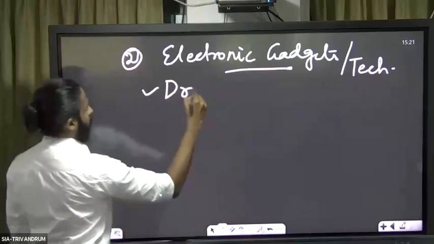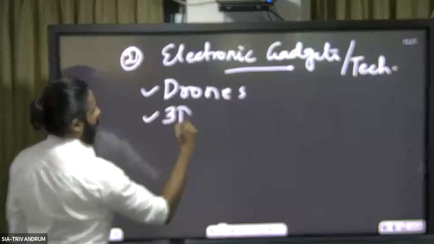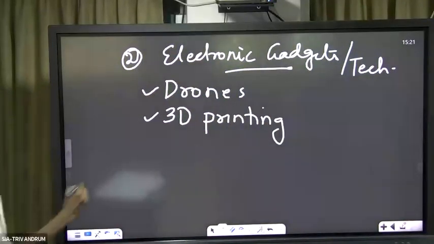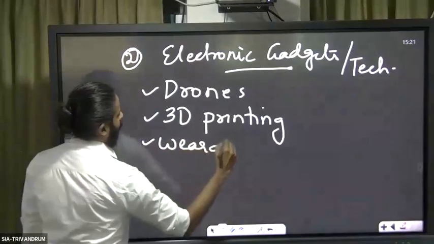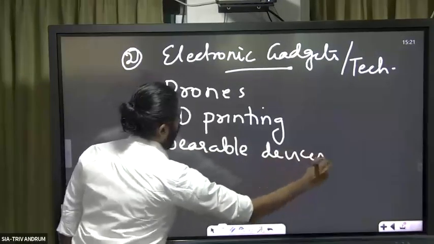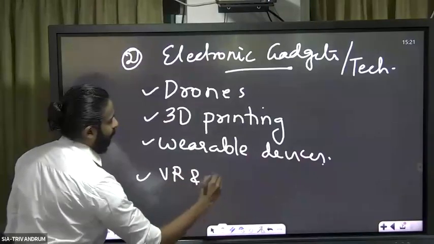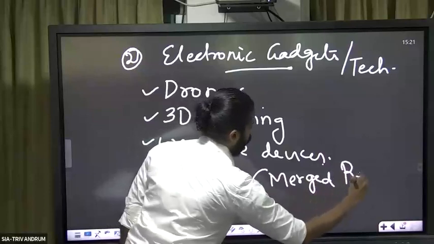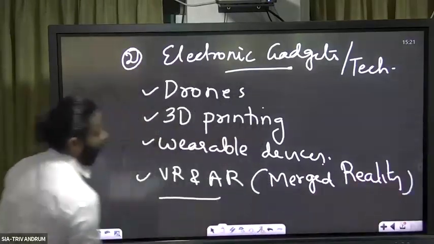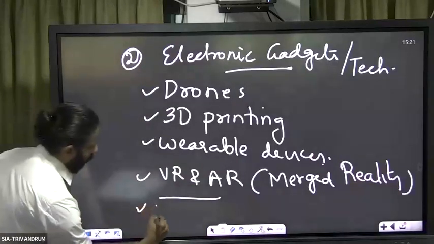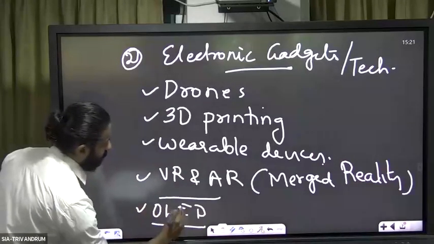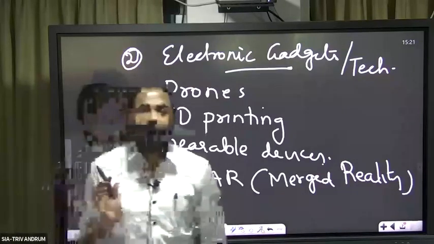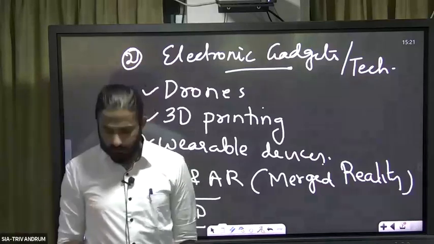They have asked about drones, virtual reality and augmented reality. They have already asked. So what is left is merged reality, so you should read about merged reality. Then they have also asked about OLED, organic LED televisions, OLED screens. In electronic gadgets and technology, mostly they ask about the application, where they are being applied, etc.